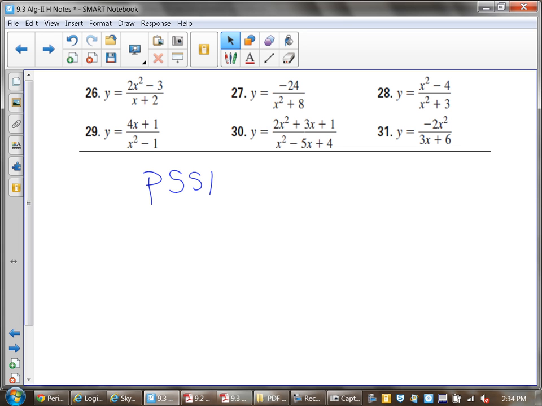I want you to just do the rough sketch. I want x-intercepts, vertical asymptotes, and horizontal asymptotes, and that's all I need you to plot. Just like we did in class, identify all of them, list them out, and do the same with those 6. I'll give you a piece of graph paper, and then tomorrow we'll take it a step further and start connecting dots.